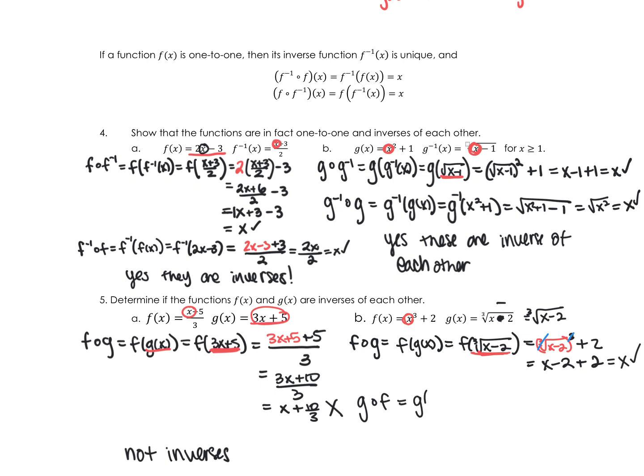So we'll put g on the outside and f on the inside. So now we'll take our g equation, and where there's an x, we'll replace that with what's inside here. So we'll take our g equation, which is the cube root.